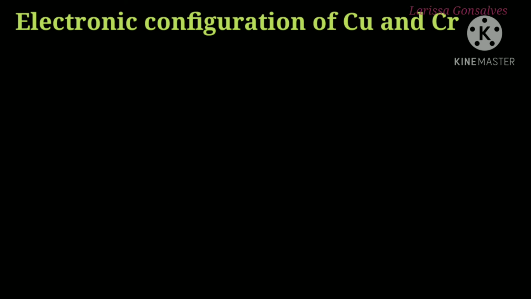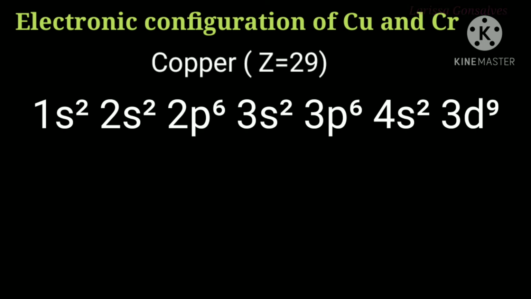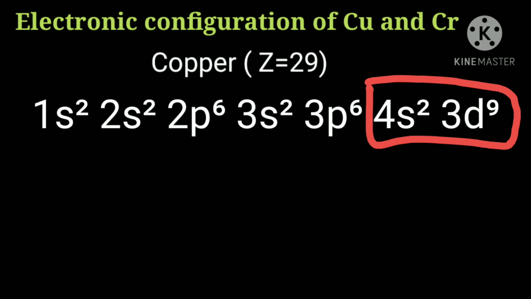Let us now study about copper. The atomic number of copper is 29. So the expected electronic configuration is 1s2, 2s2, 2p6, 3s2, 3p6, 4s2, 3d9. So if you look at the number of electrons in the d shell, it is 9, whereas in 4s you have 2 electrons.